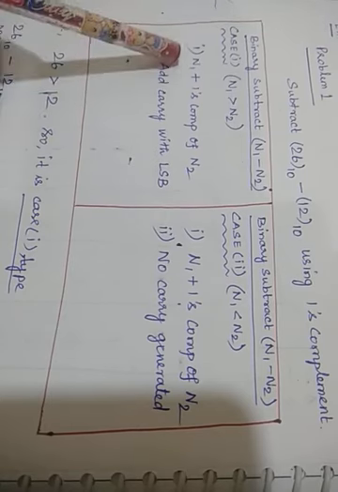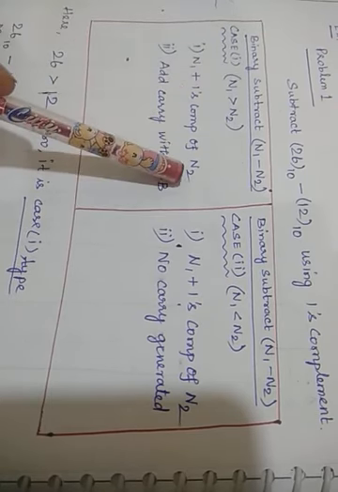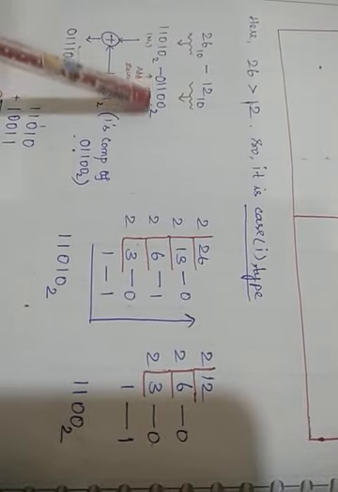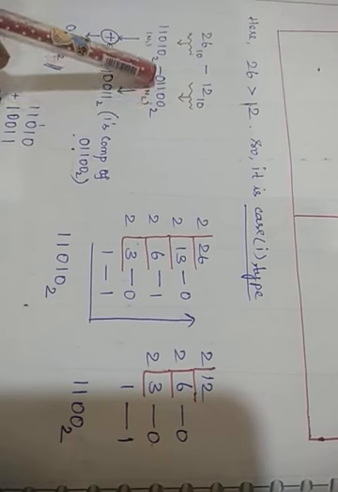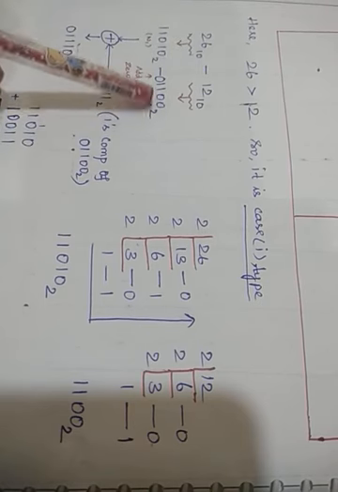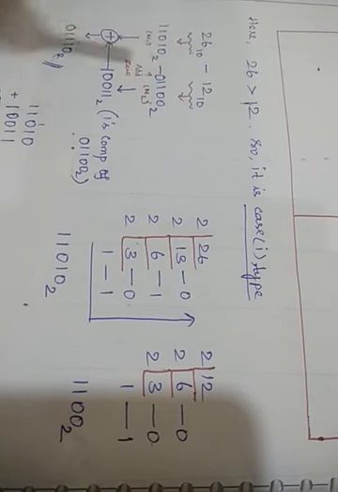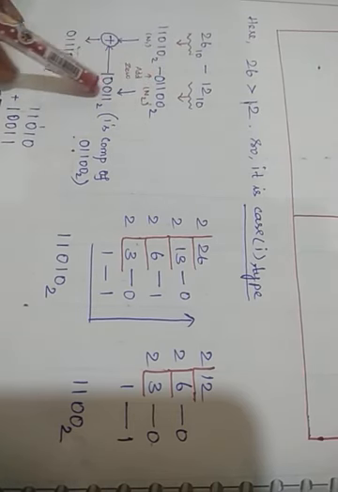This is the first number and this is the second number. According to what is given, n1 plus 1's complement of n2. We need to calculate the second number's 1's complement. The 1's complement of 01100 is, as I already told you, very easy: wherever you have 0, put 1, wherever 1, put 0.